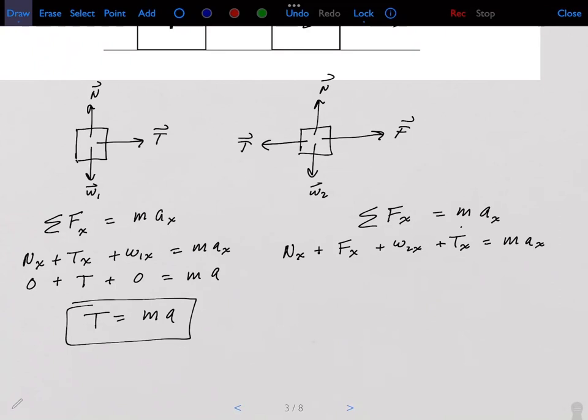So again, the normal force in the x direction is 0. The applied force, it's all of it, and it's positive. The weight is 0. And then the tension in this case is all of it, but negative. And that's got to equal m times ax, which is the same a that we're trying to find. So this equation basically says that F minus T is equal to ma.